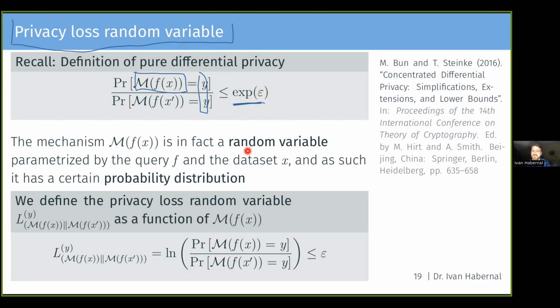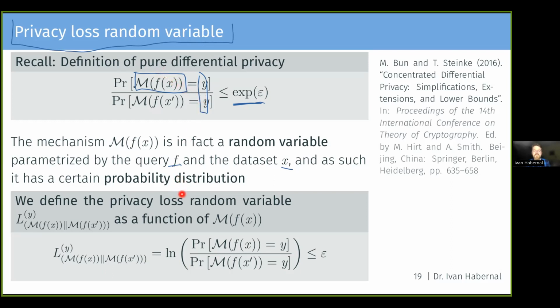So we can see it as a random variable, which is parameterized by the query and the data set. And as a random variable, it has some probability distribution, which is up to us to design. And if we see this as a random variable, this whole function is a function of a random variable, which is, again, a random variable.